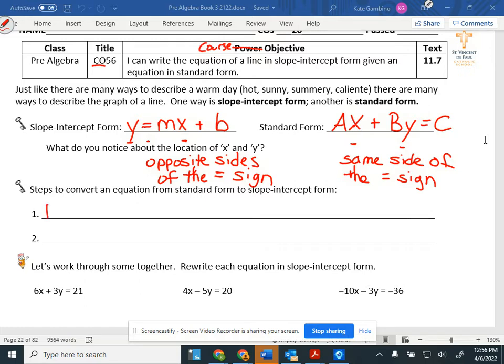So we need to move the x to the other side. So we're going to move the x term to the other side using opposite operations.